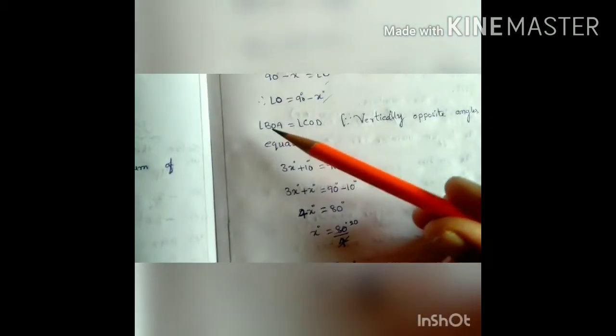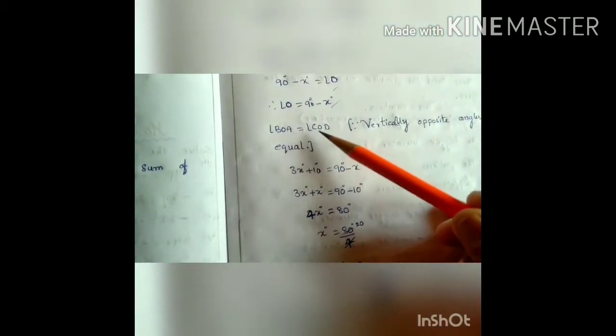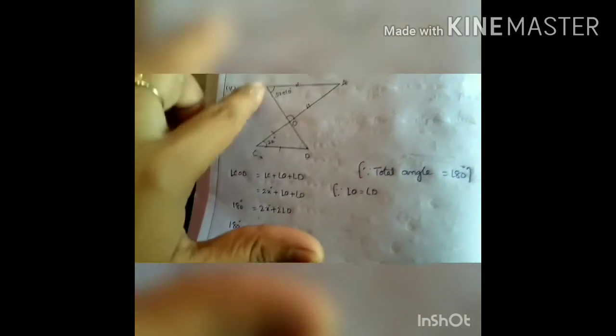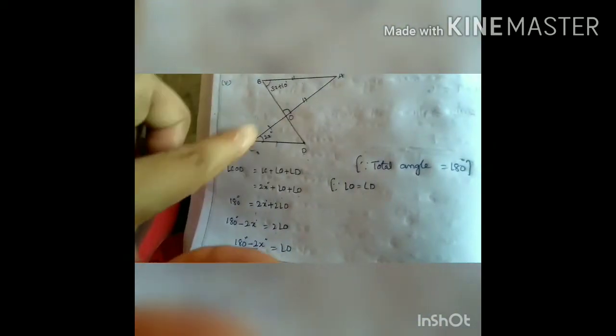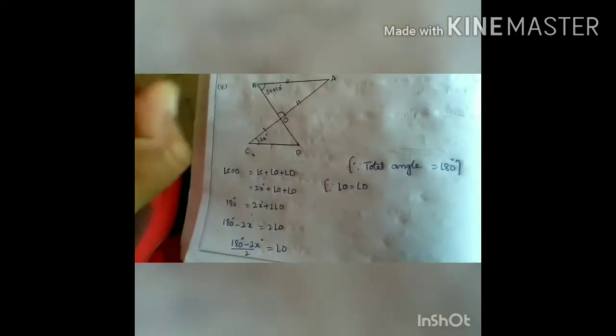Next, angle BOA equals angle COD, because vertically opposite angles are equal. So 3x plus 10 degrees equals 90 degrees minus x.